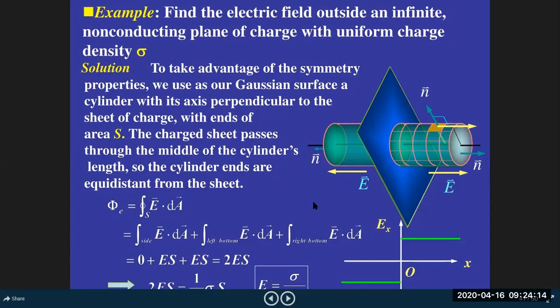Now, in order to calculate electric field at this point, say at this point or at this point outside the sheet, we take a pillbox straddling the surface. So here the concept of a pillbox has been taken because no surface is there that will enclose this infinite sheet of charge symmetrically.